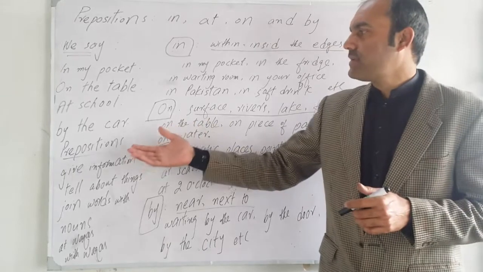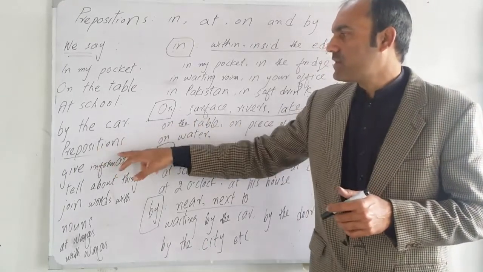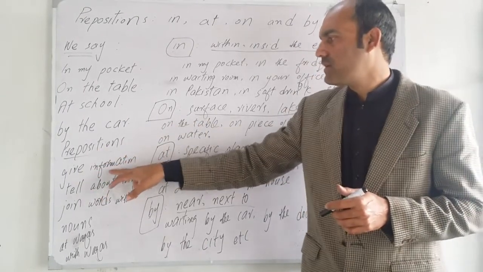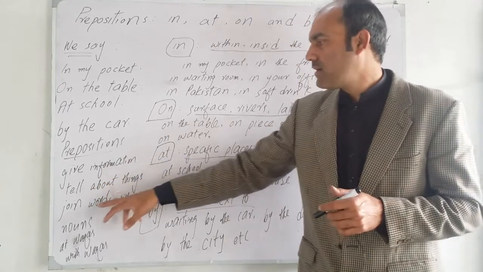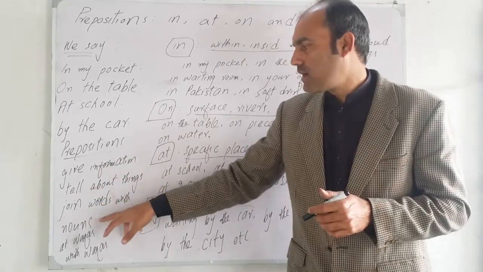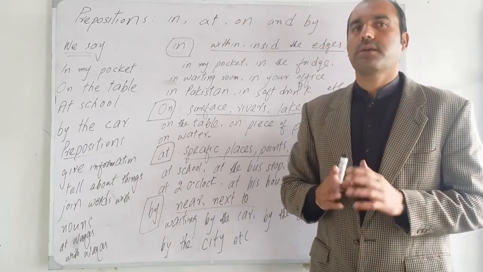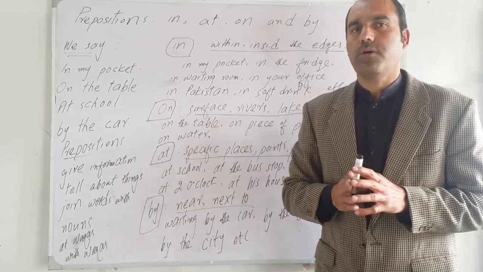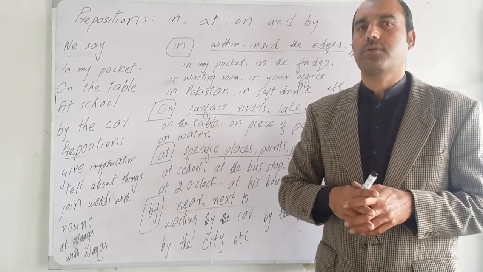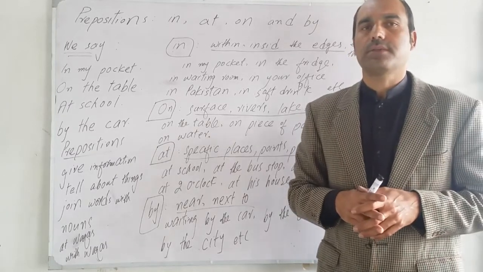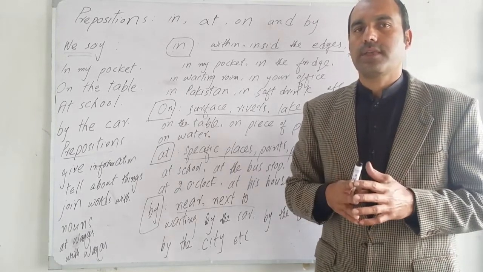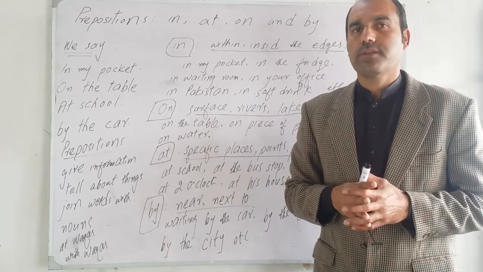Here you can see I have written: prepositions give information, tell about things, join words with nouns. It means prepositions always give us information about locations, places, things, and people.